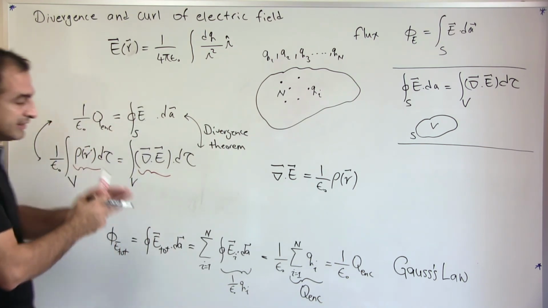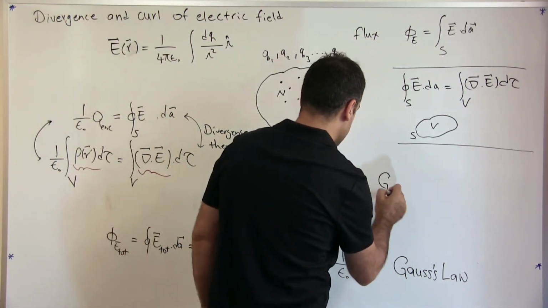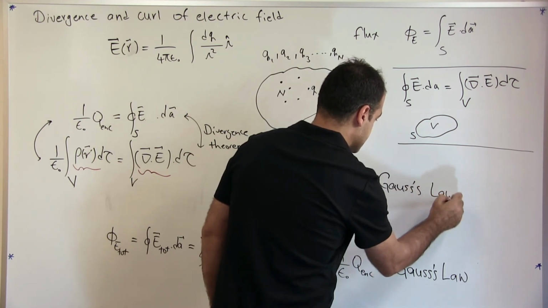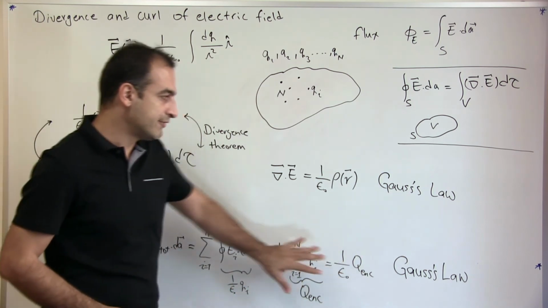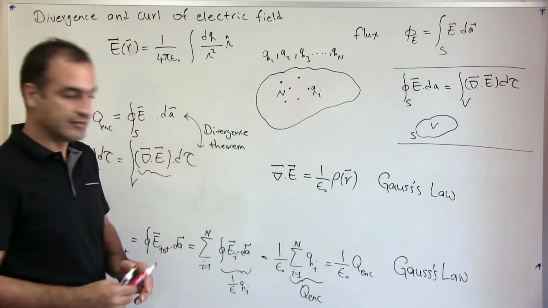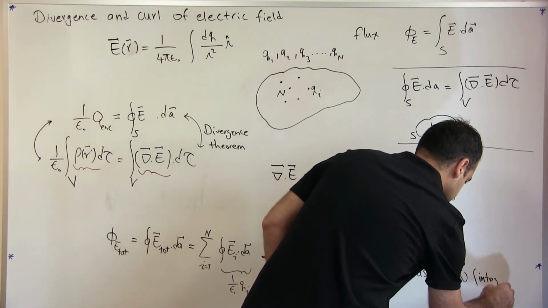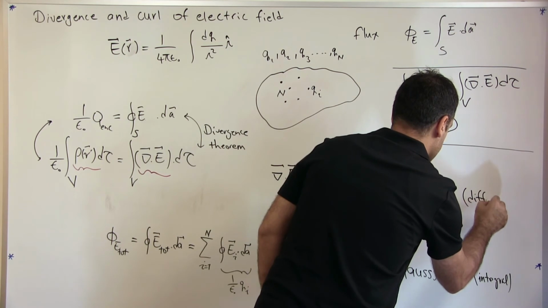This is technically the same Gauss law, mathematically equivalent to what we had here. The only difference is that this is the integral form of Gauss law, and this is the differential form.